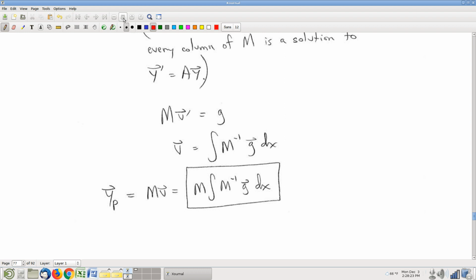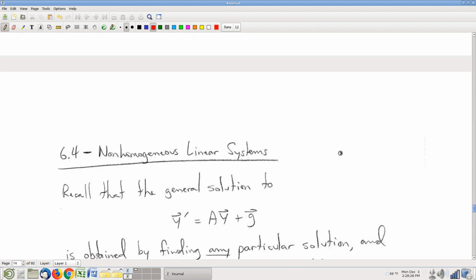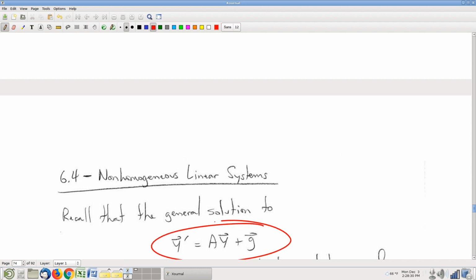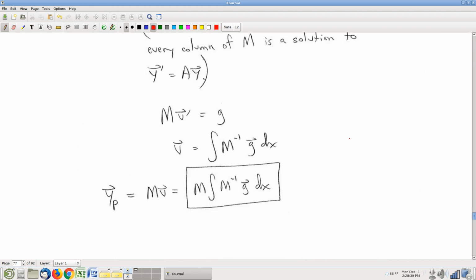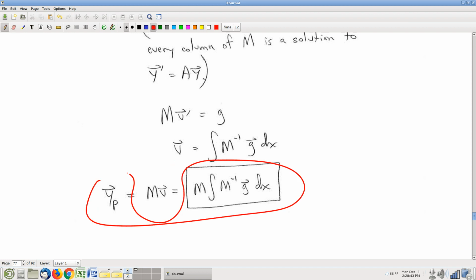If you have this equation with a non-homogeneous term here, G, then this formula here: plug your G into this formula, and out comes a perfectly acceptable particular solution.